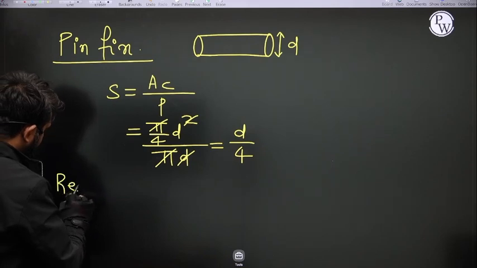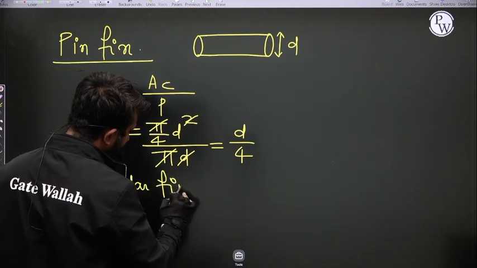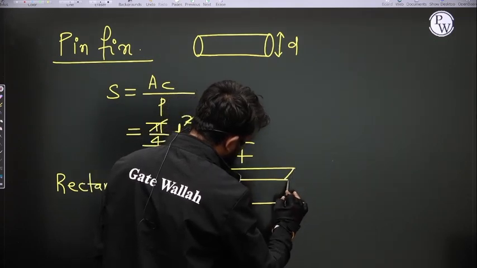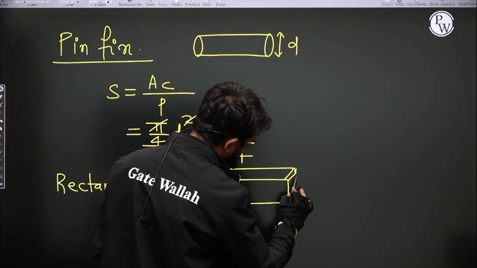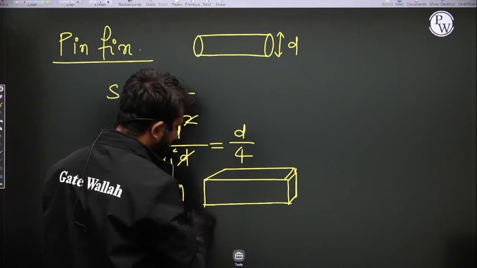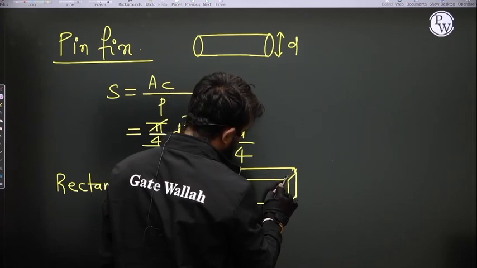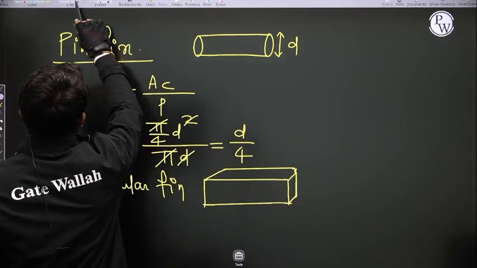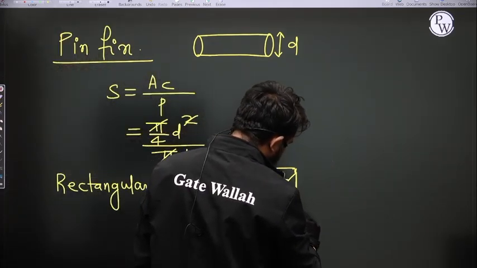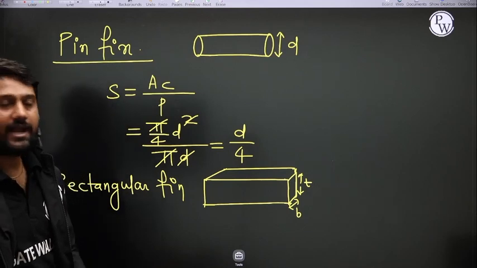And if there is a rectangular fin, then see, this dimension I am taking as B, and this dimension as T. So in case of the rectangular fin, what is S?